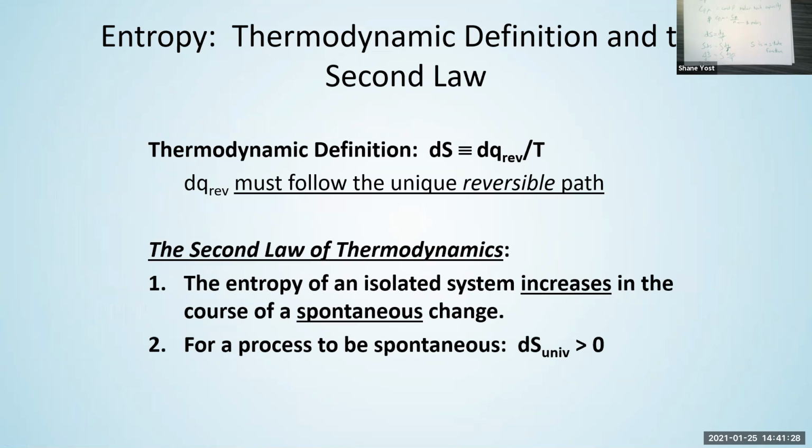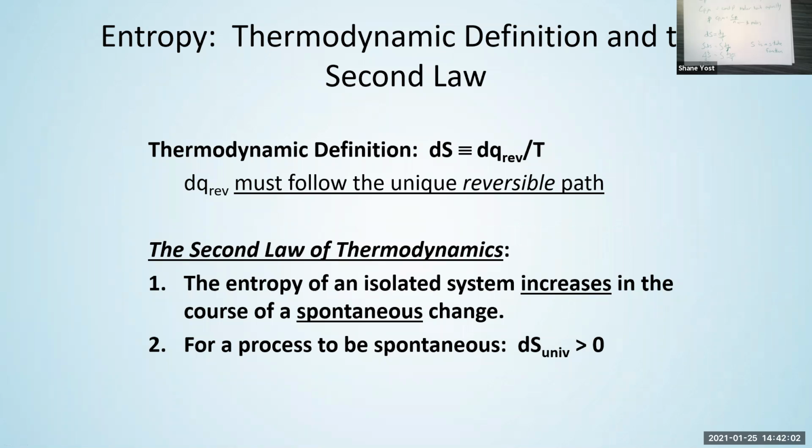All right. And so the second law of thermodynamics is related to entropy, and it's just saying that for an isolated system, an increase in the entropy of your system corresponds to a spontaneous change. And for something that's not isolated, a spontaneous change corresponds to an increase in the entropy of the universe. Again, an isolated system is when you have no energy and no matter exchange between your system and the surroundings.